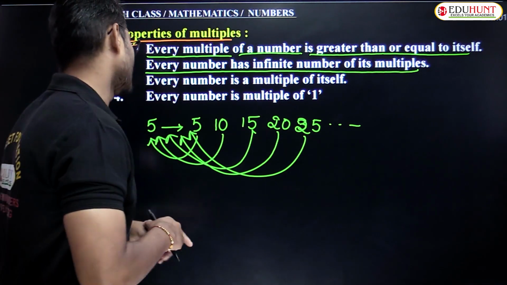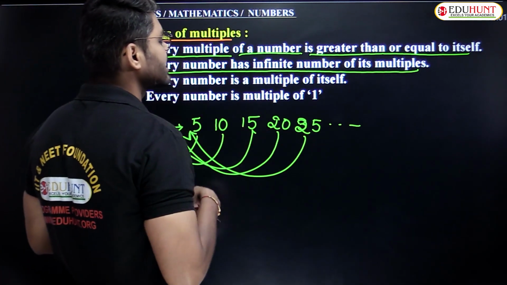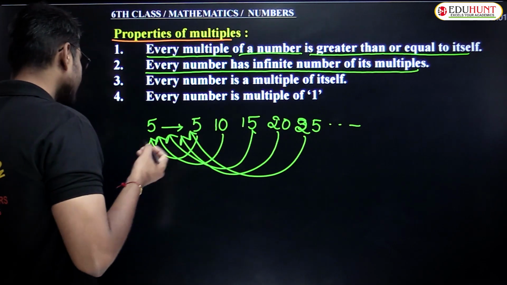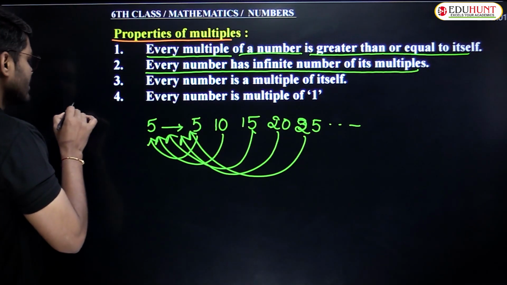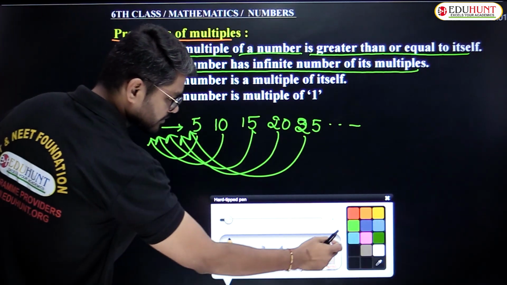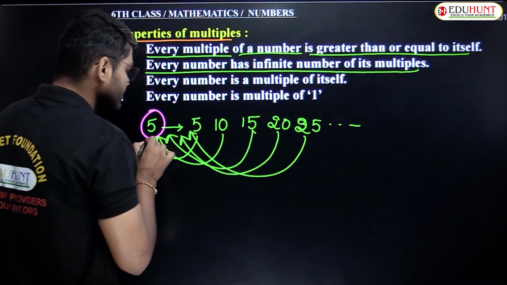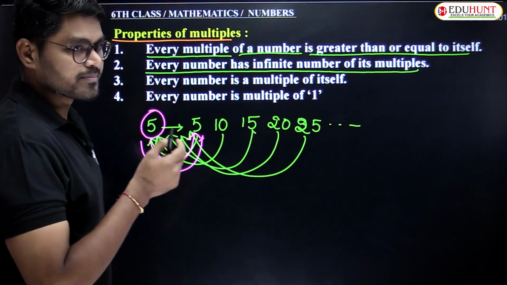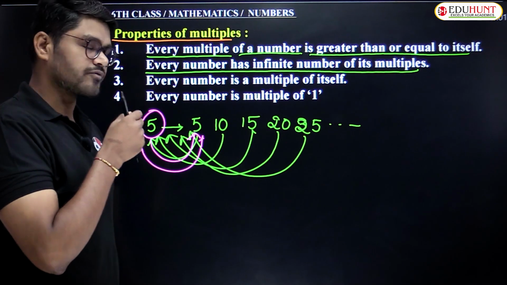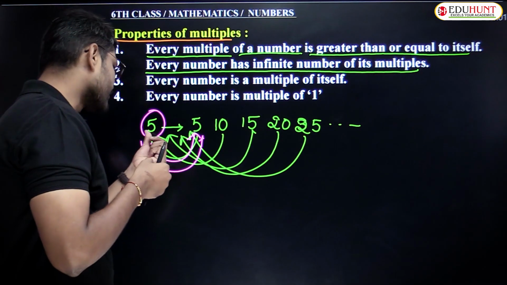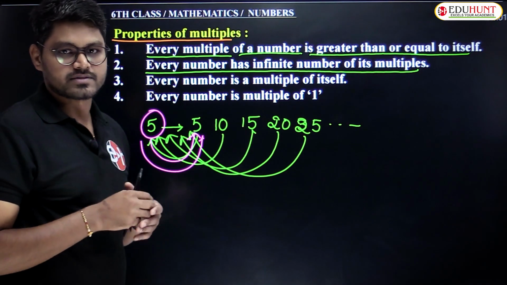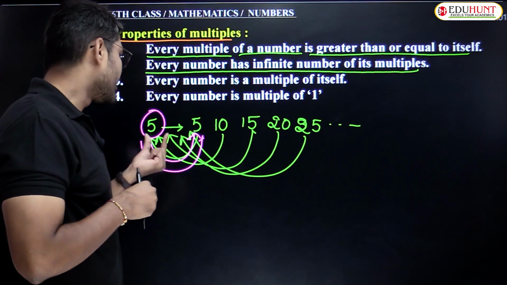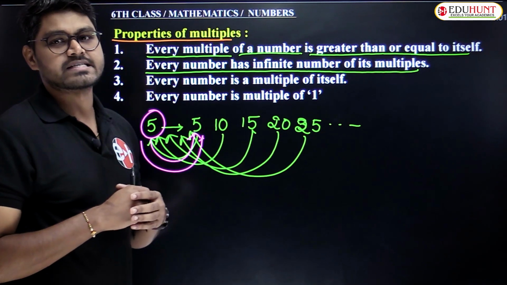Okay, students. Every number is a multiple of itself. Take 5: 5 is a multiple of 5 and a factor of 5. In the previous properties of factors, we learned that every number is a factor of itself. Here, every number is a multiple of itself.